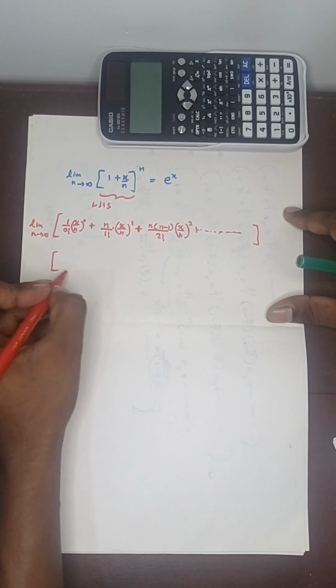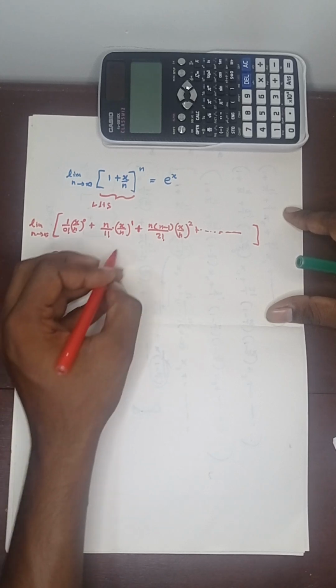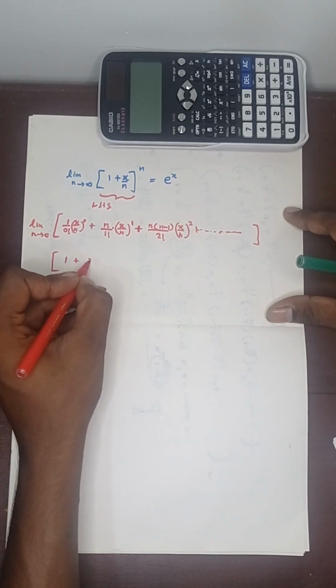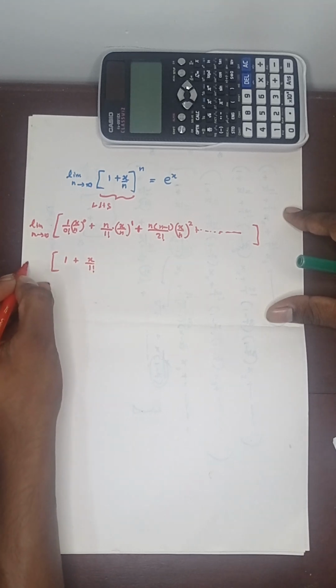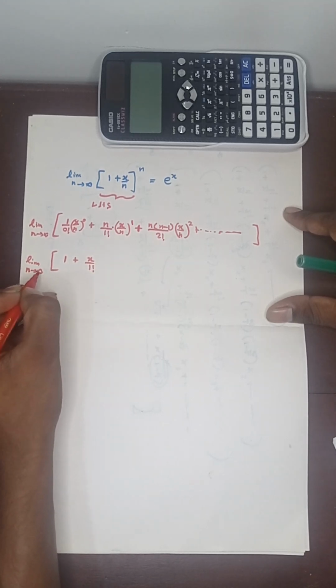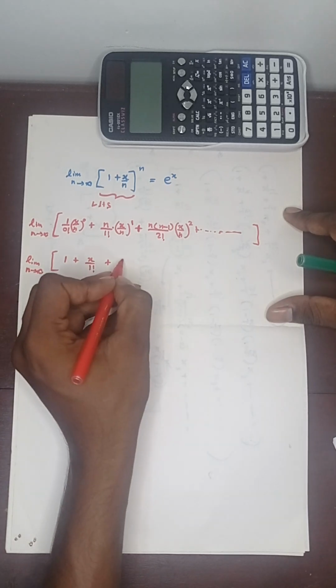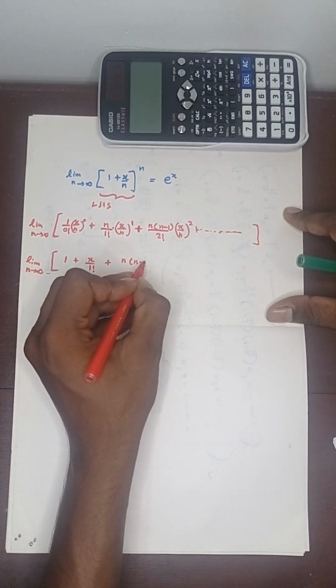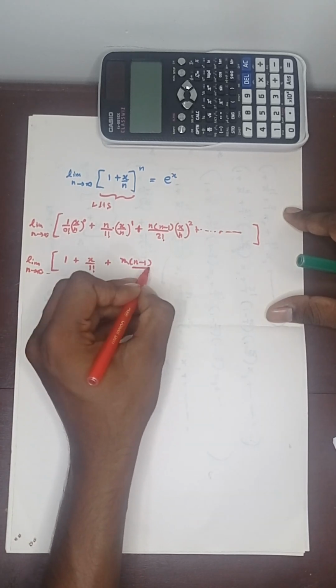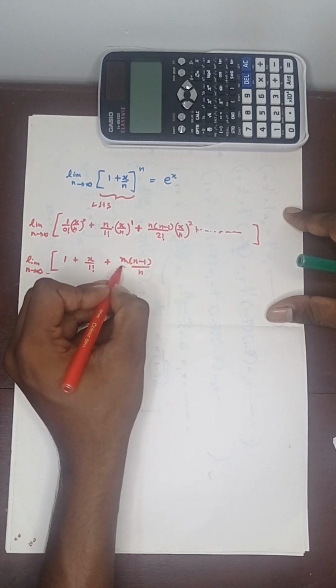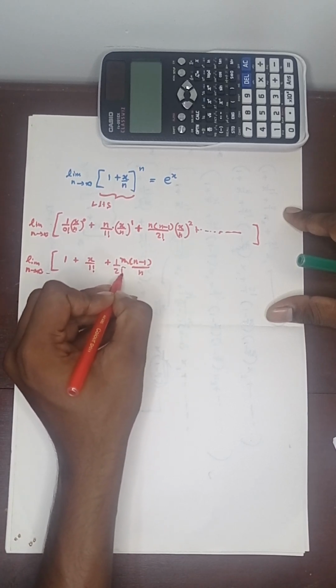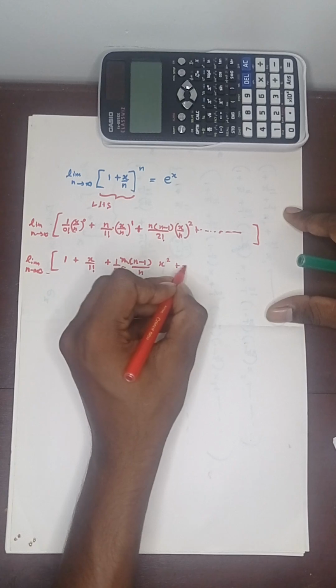Okay, let's see, this n is going to be cancelled off. It is x over factorial 1, and the limit n tends to infinity is there, plus n times (n minus 1). One more n is cancelled off, but there is one more n over factorial 2 times x squared.